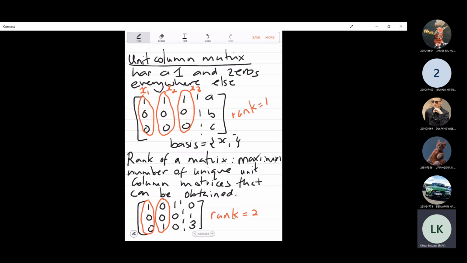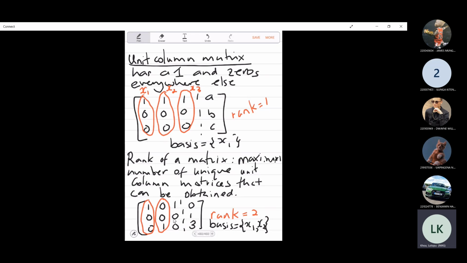Okay, so here my rank will be 2, and then I can say that my basis over here is x1 and x2, or I could say x2 and x3. Notice x2 is always included here, because these two, x1 and x3, are the same.